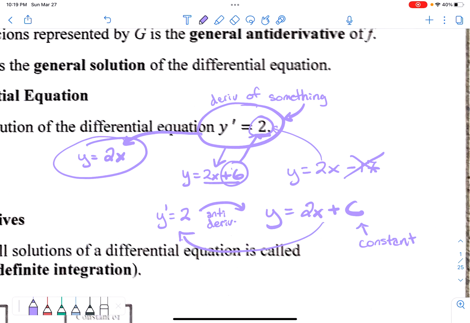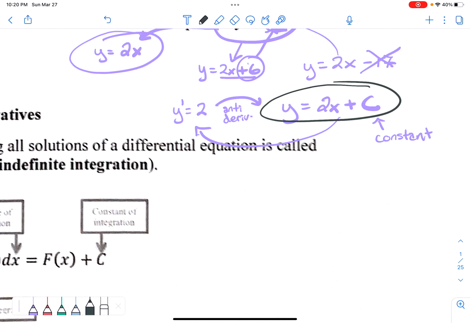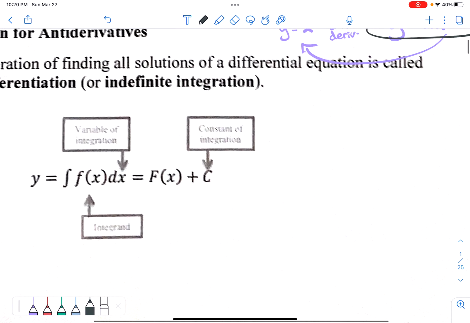The derivative of a constant is just 0. So when you tell me derivatives or antiderivatives, you have to include that plus c on the end of there. And not today, but tomorrow we'll talk about solving for that c, because they'll give us an exact point that we can plug in for y and x, and then we can solve for c exactly. But we won't do that yet today, okay? Now we'll just worry about antiderivatives, okay?